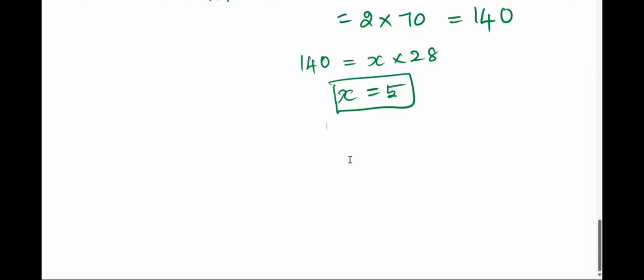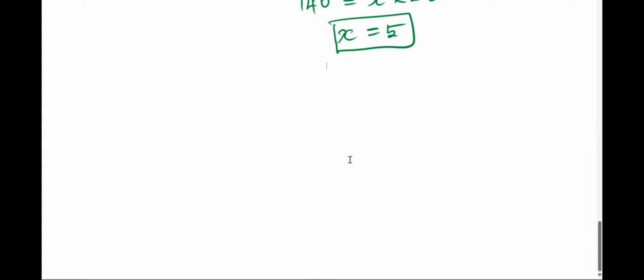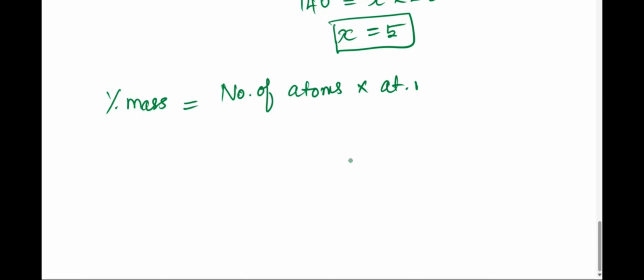Now let's move on to the integral part of this chapter, that is percentage formula, empirical formula and molecular formula. How the questions can be asked in this part. Here you have to remember one simple formula, that is percentage mass, which is equal to number of atoms into atomic mass divided by molecular mass.